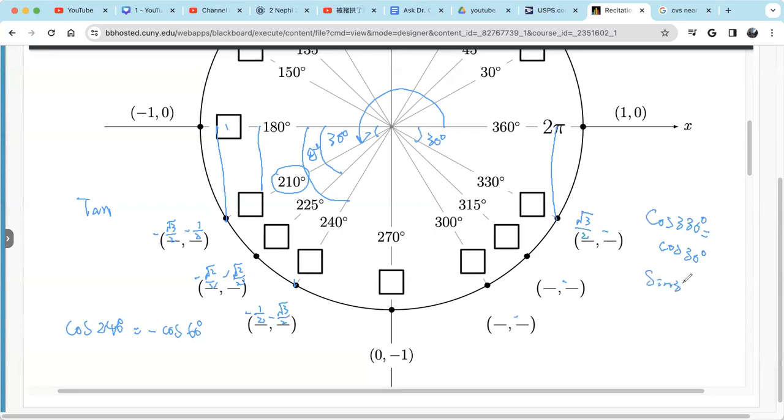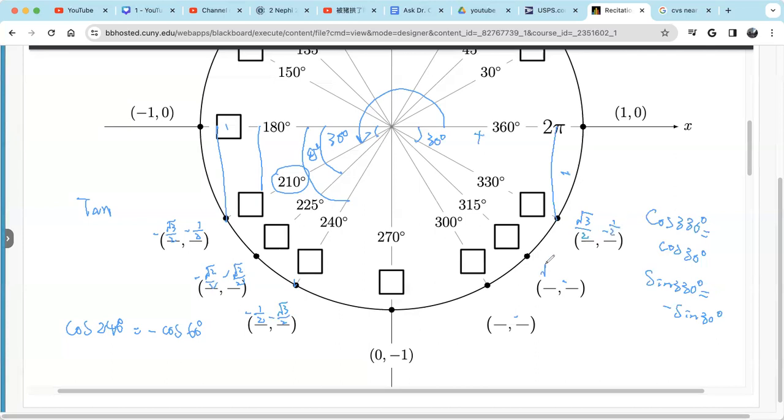Sine 330. Sine is opposite over hypotenuse. The opposite, the y value, is negative, but the x value is positive. That's why cosine is positive and sine is negative. So sine 330 degrees equals negative sine 30 degrees, which is negative half.